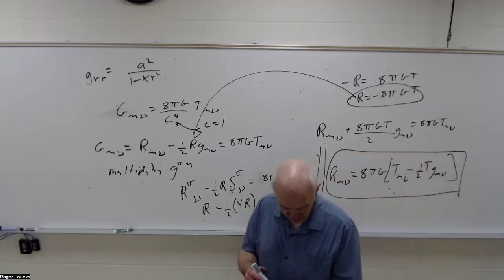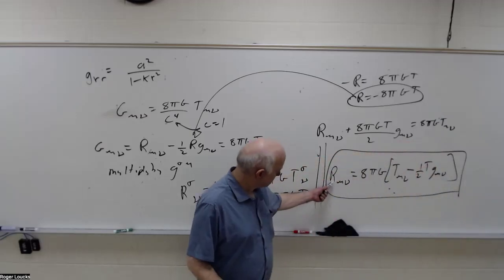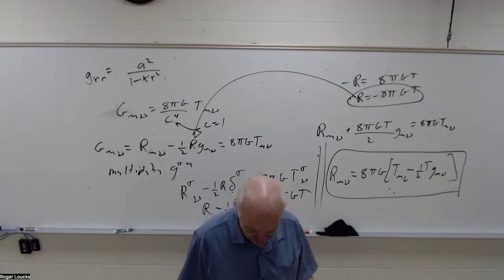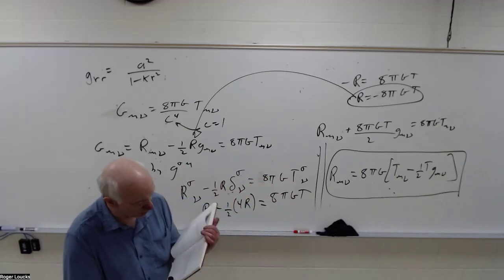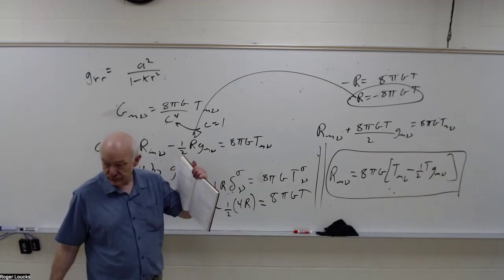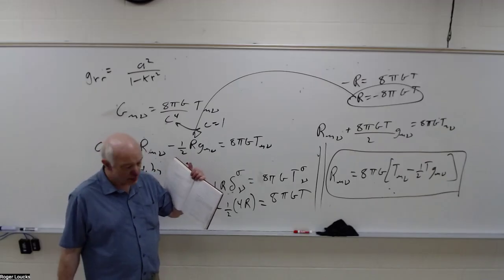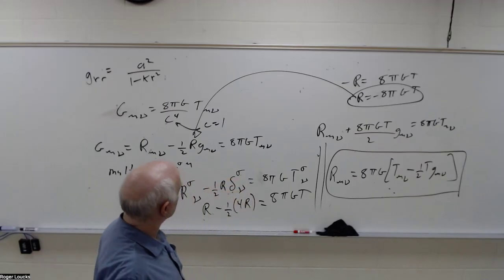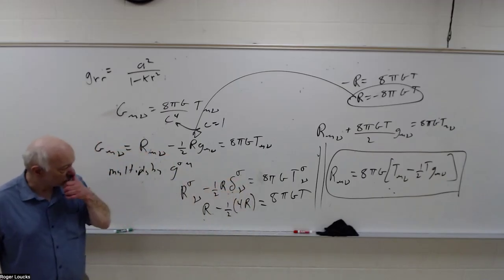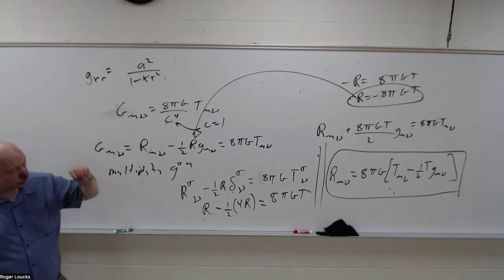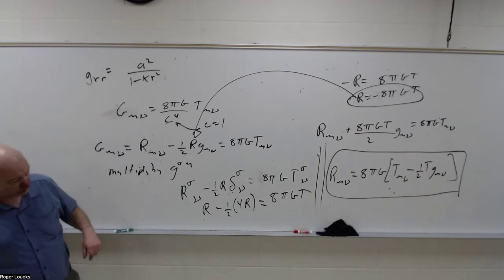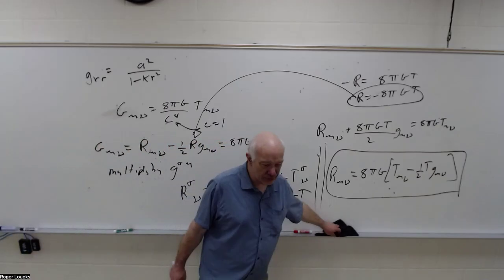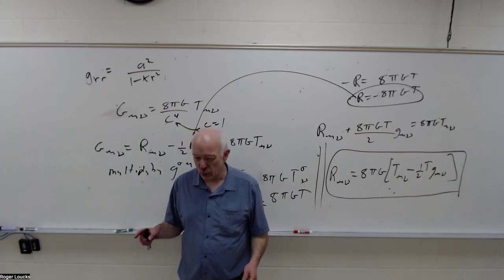On the left side we basically have all the components of the Ricci tensor that Carol's worked out for us. So that means we need to know what T mu nu is for our universe. I'm just going to state that, but I don't want to get too far ahead without Jacob here.